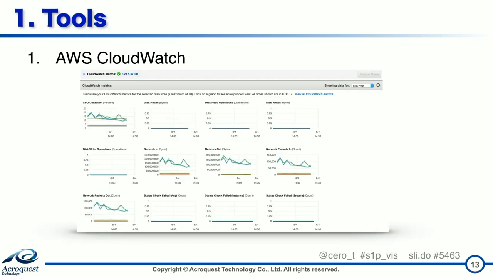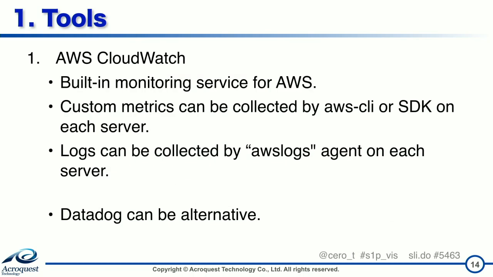Okay. Do you know AWS CloudWatch? Is there anyone who doesn't know CloudWatch? Everyone knows? If you don't know, Google it, it is okay. It is just a kind of monitoring tool. This is the built-in monitoring service for AWS.